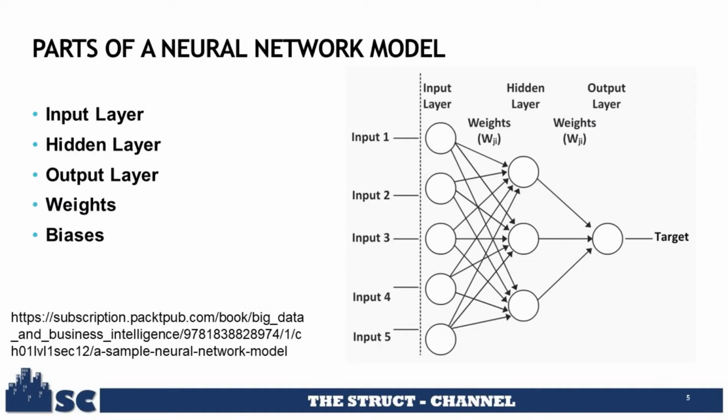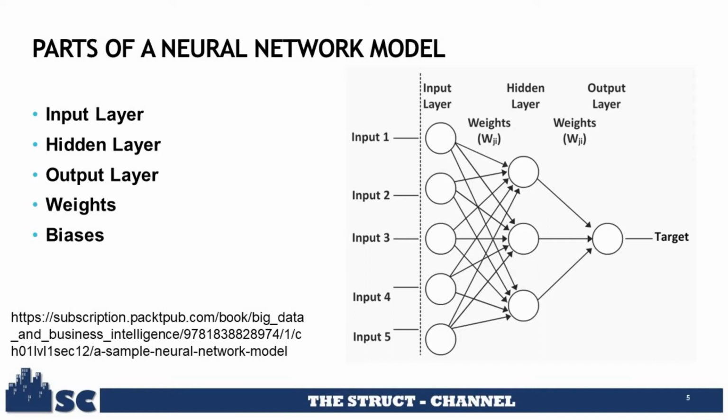For example, if we are developing a model that predicts the compressive strength of the concrete based on its composition, which are the cement, sand, water, and gravel, this is the layer that we will use to inject the input parameters. Next is the hidden layer.